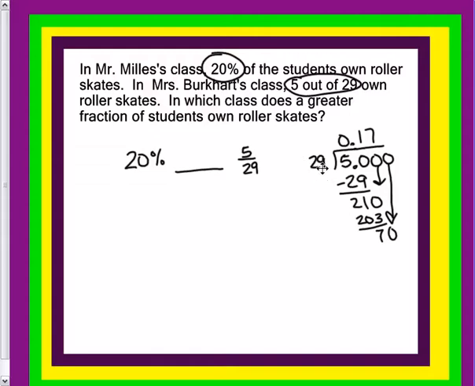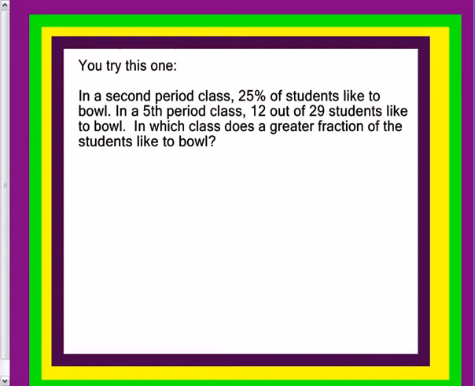And then if we take that, 29 goes into 73 times. I can stop there. It's going to keep going on and on and on. But I know that to change a decimal to a percent, I move the decimal place 2 places. So really, this is like 17.3%. Well, which would you think has more? 20%, of course.